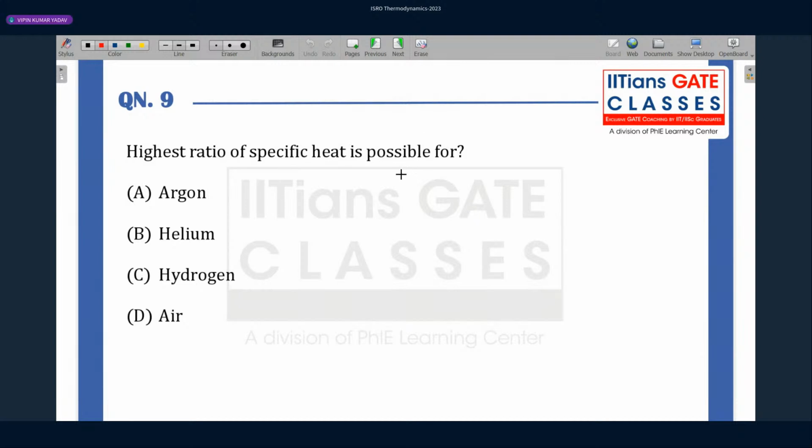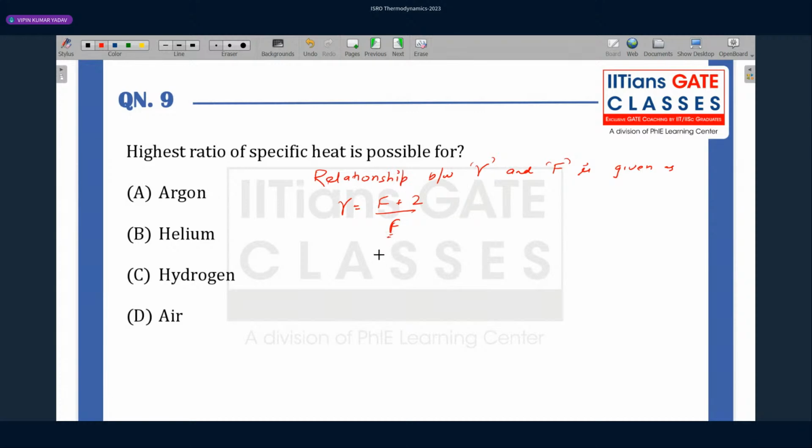here you have to understand one thing: the relationship between gamma and degree of freedom F is given as gamma is equal to (F plus 2) by F. Here gamma is the ratio of specific heats and F is the degree of freedom.